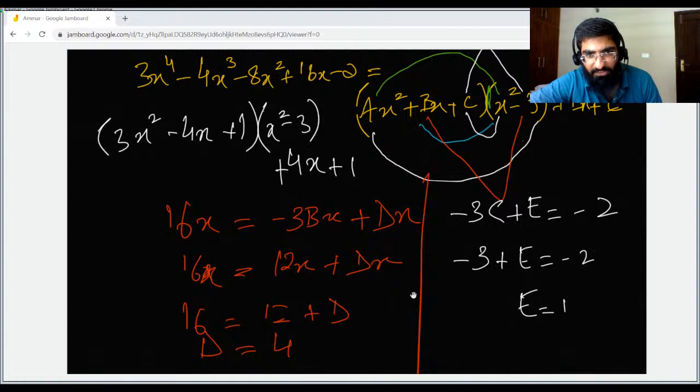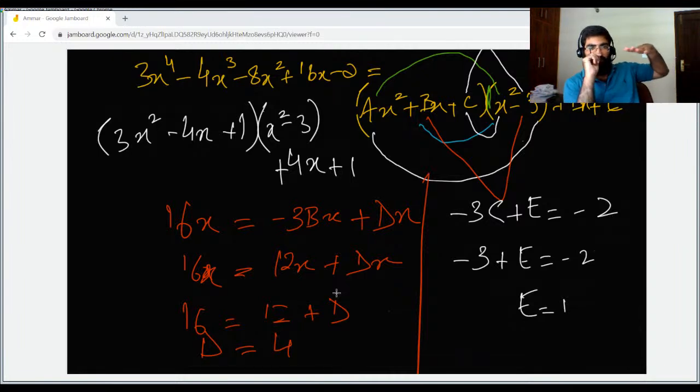The only way I solve the right hand side and get an x squared term, I'm not completely solving, I'm just saying how do I get these terms on the left hand side. I get them by multiplication of the things and the addition of the things on the right hand side.